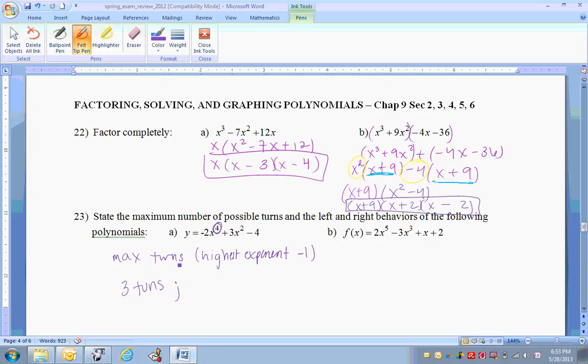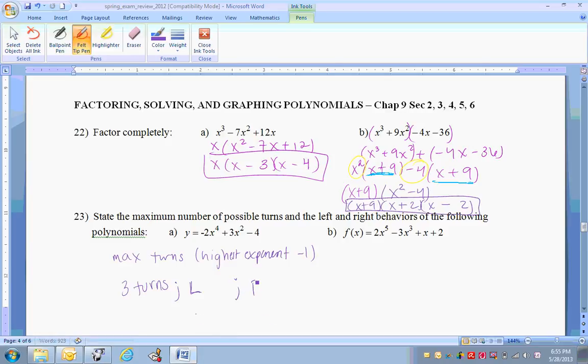Then we need to figure out if the left or right is going up or down in this curve. To figure out the side behavior, we look at the leading coefficient. Scratch that. Let's go ahead and put left and right in here.